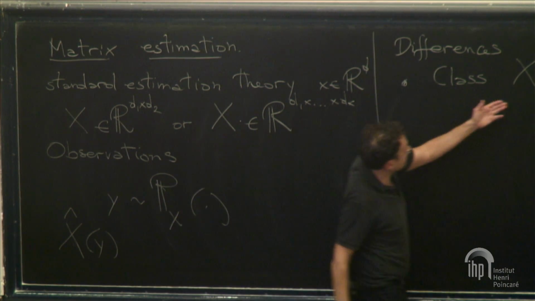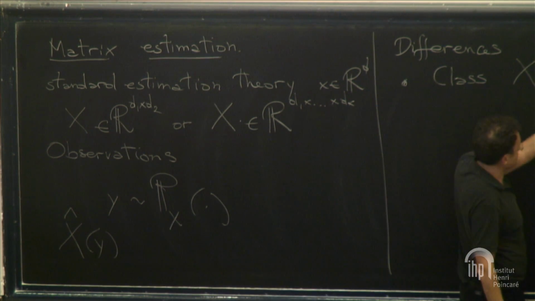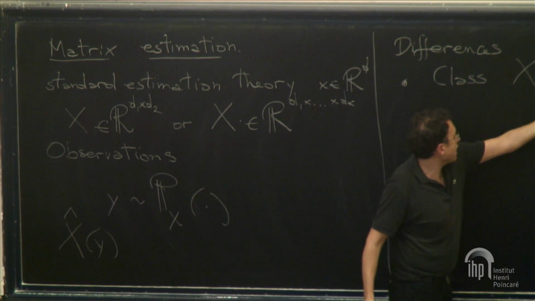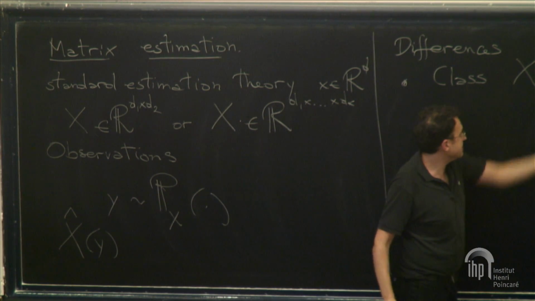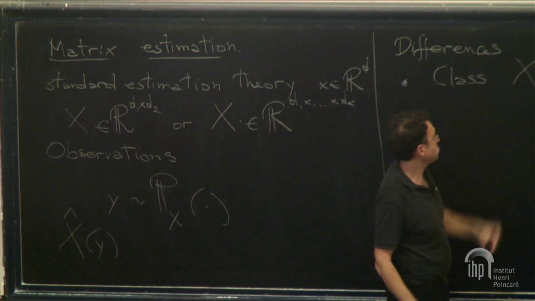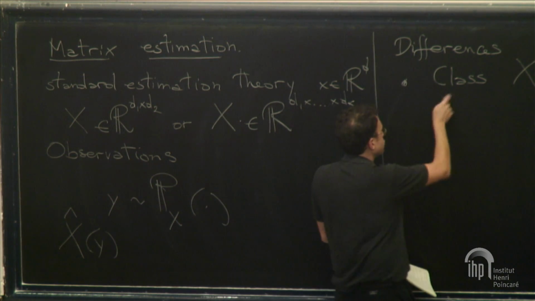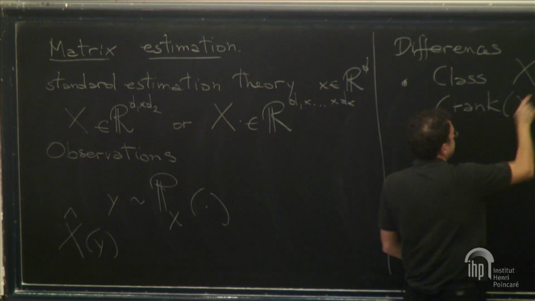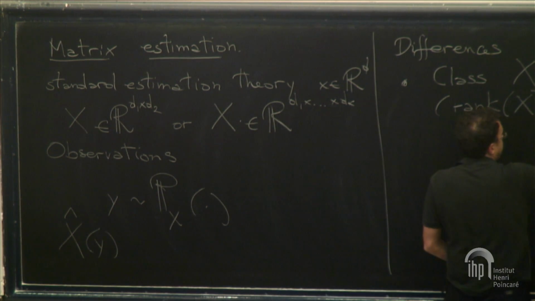So we are interested in a matrix X that is not a generic matrix but belongs to some class. And this class is a subset of all the d1 by d2 matrices. And the way in which we define this class uses very strongly the matrix structure. So actually a typical example that we look at again and again is the case in which the rank of the matrix X is small.